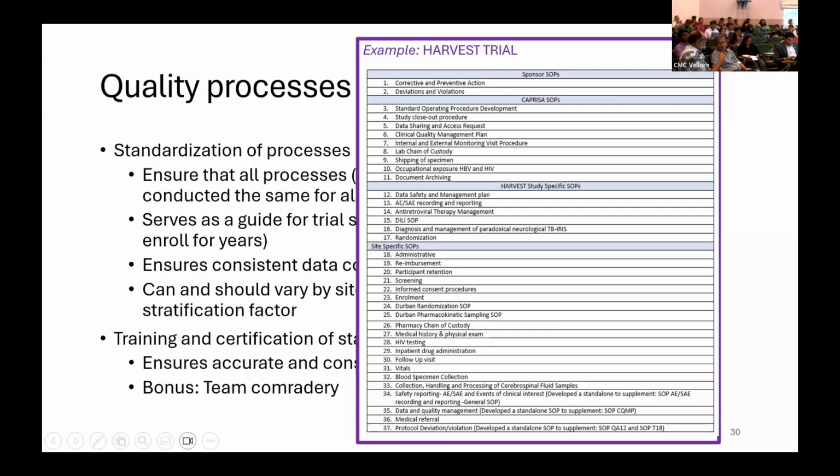Yes, you should have standard operating procedures, but they don't have to be as rigorous and detailed and specific, of this is how we're going to measure, this is how we're going to do that, this is how we will validate this, etc. All of those details are not necessarily required. But whether you submit it to an IRB or not depends on the IRB, and every IRB tends to be very different.